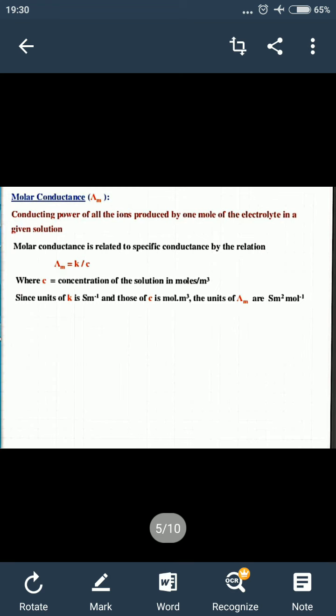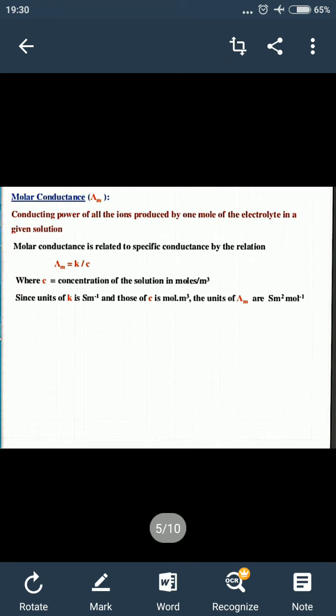Now, conducting power of all the ions produced by 1 mole of the electrolyte in a given solution is known as molar conductance. Molar conductance is the conducting power of all the ions produced by 1 mole of electrolyte in the given solution.